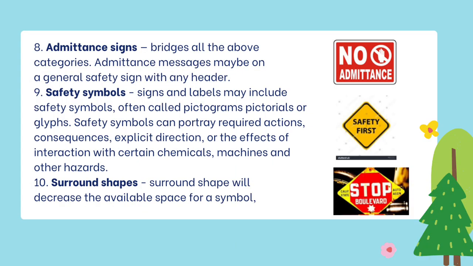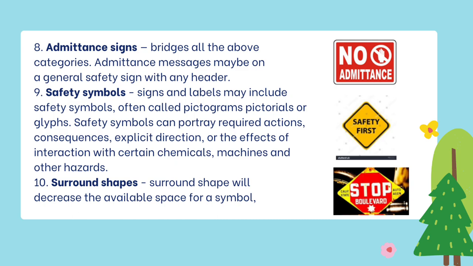8. Admittance signs bridge all the above categories. Admittance messages may be on a general safety sign with any header. 9. Safety symbols. Signs and labels may include safety symbols, often called pictograms, pictorials, or glyphs.